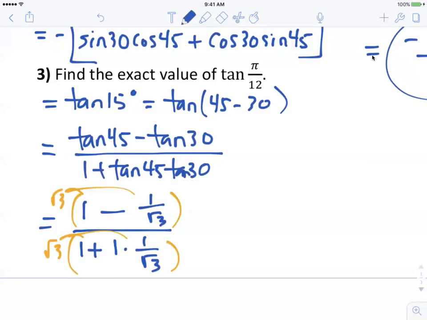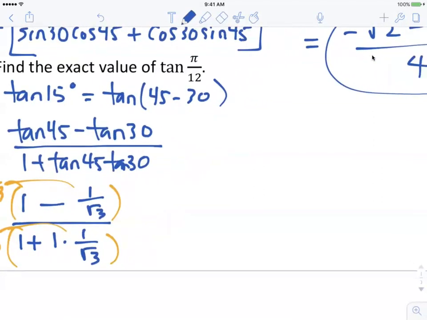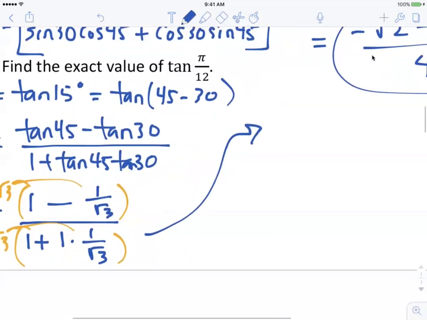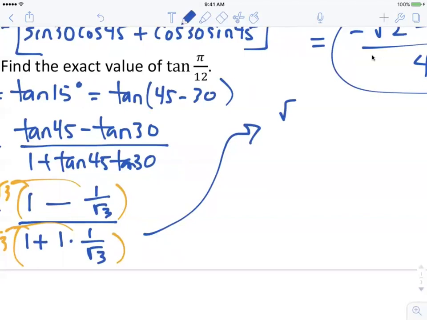Okay, so let's write that over here to give us some room. So if I do that distribution, it's going to be root 3 minus, the root 3's cancel in the second term, and you just get 1. Over on the bottom here, we're going to have root 3 plus 1.